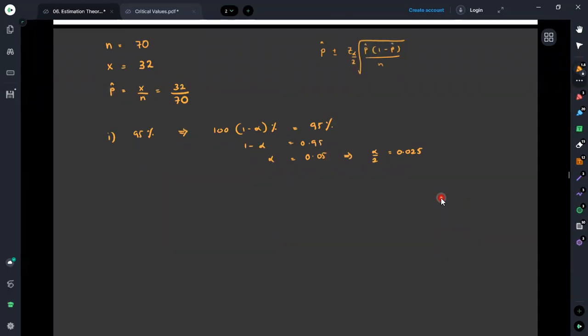The value for z alpha over 2 we can take as z 0.025, and we need to find out the value. If you show it in a graphical way, here we get the normal distribution, and we need to find the value which gives this part as 0.025.